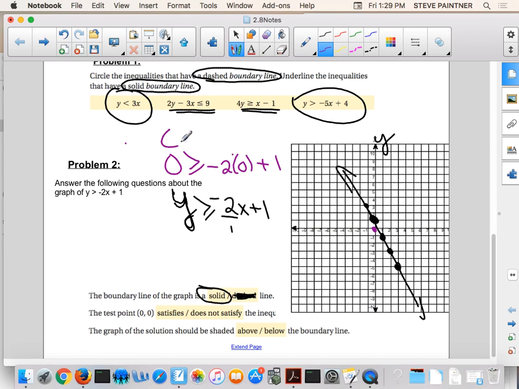Well, that says 0 is greater than what? 1. Is 0 greater than 1? No. Not a solution. So where do we shade? Must be on the other side, right? So you should shade the upper right.